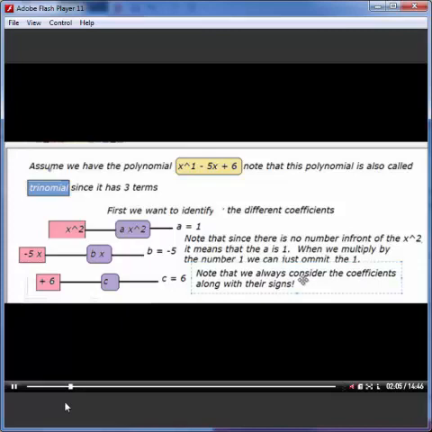Remember that we always consider the coefficients of the trinomial along with their signs. So, as you can see here, b is equal to -5.